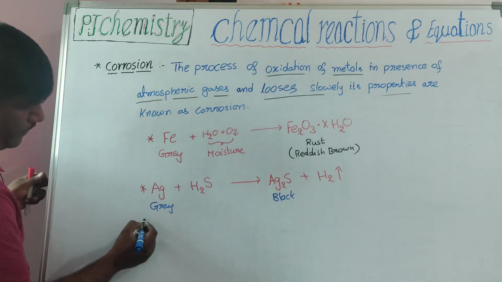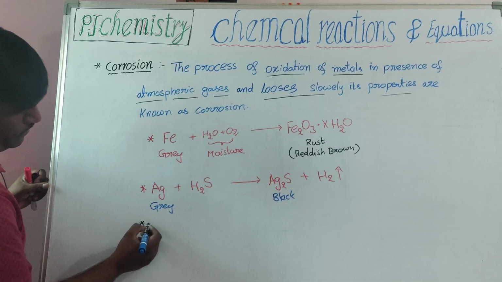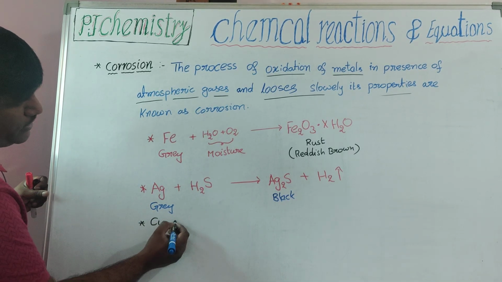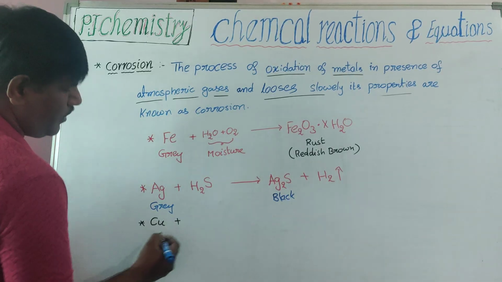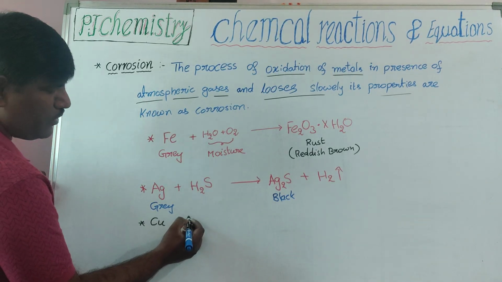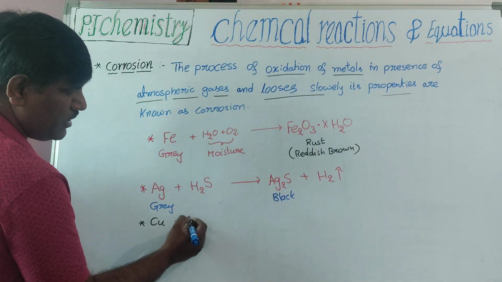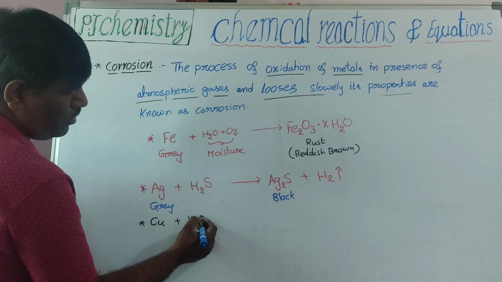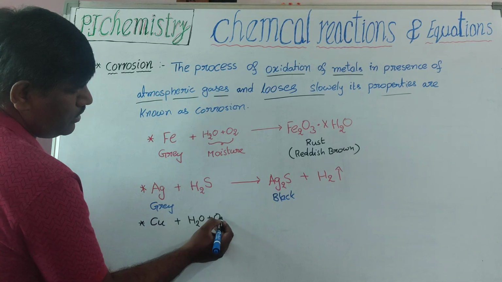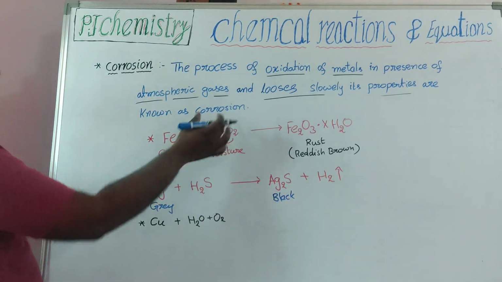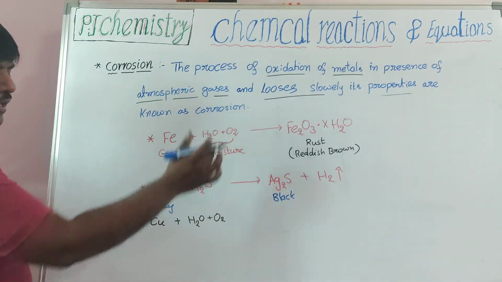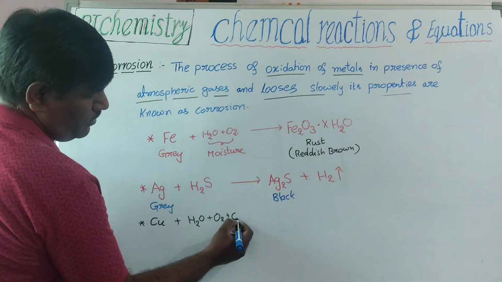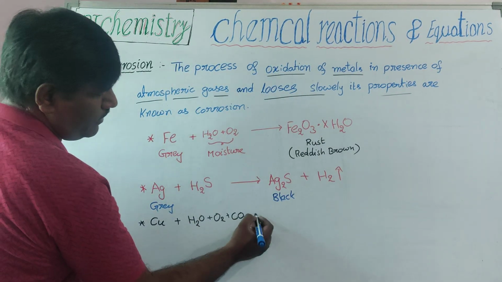Next, about copper. Original copper, we know what is the color of original copper? Reddish brown. It is going to react with atmospheric gases H2O, O2. H2O, O2 is nothing but moisture. Along with this H2O, O2, one more gas also, CO2, carbon dioxide.